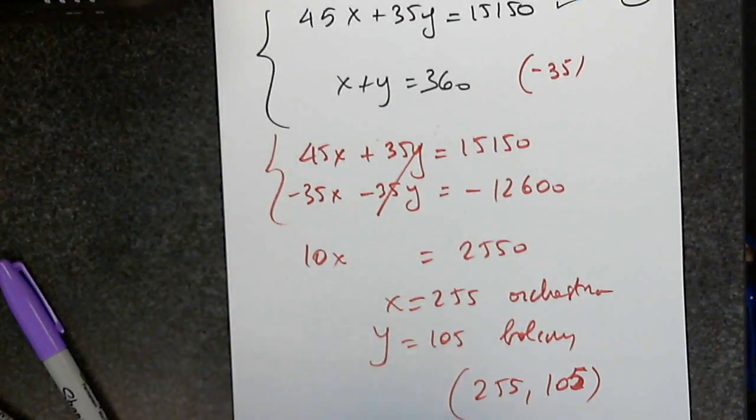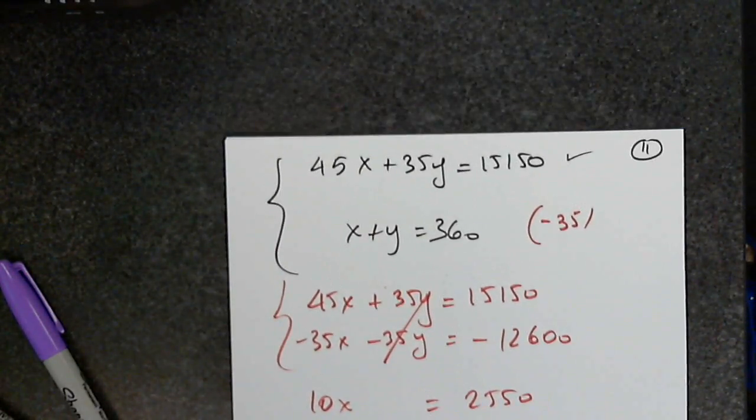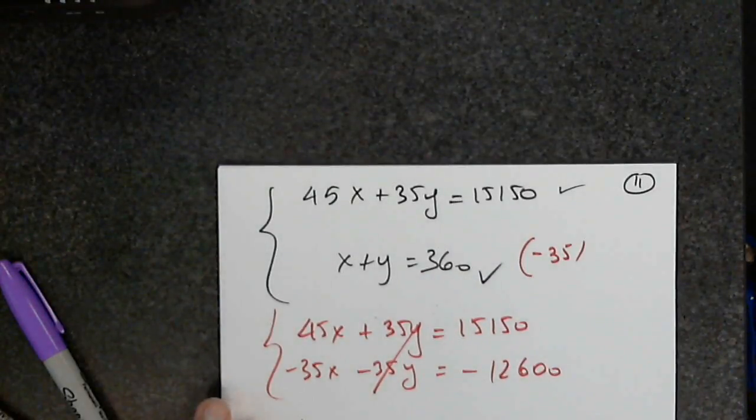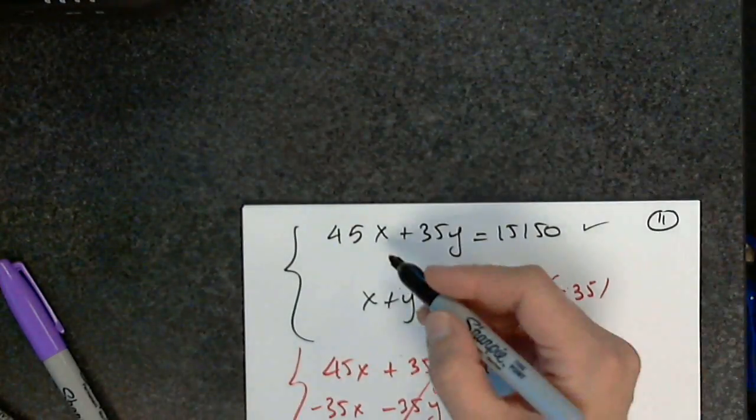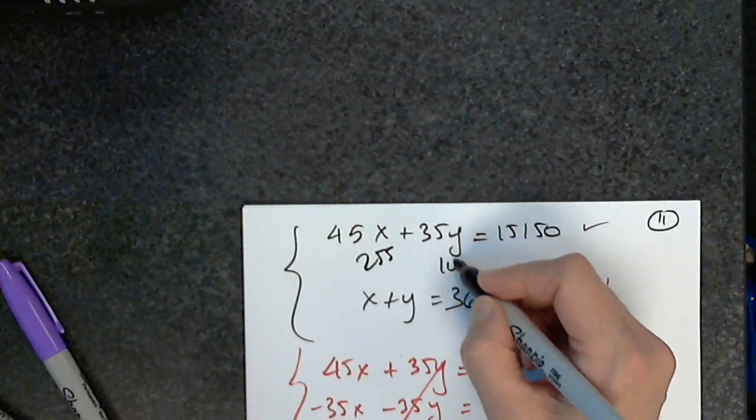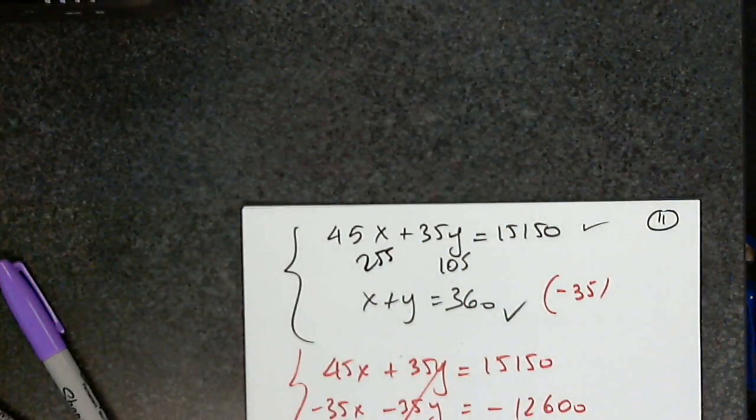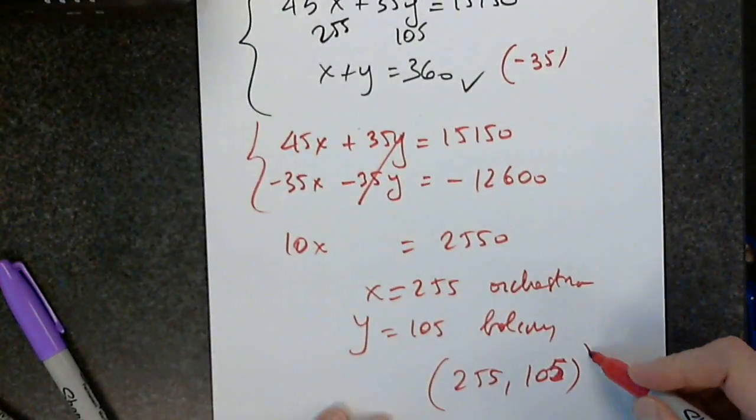You should say check. So then 255 and 105 is indeed 360. That part I don't have to check. But here I have 255 and 105, and I will put it in the calculator and make sure that 45 times 255 plus 35 times 105 is indeed 15,150, and it is. So this must be it.